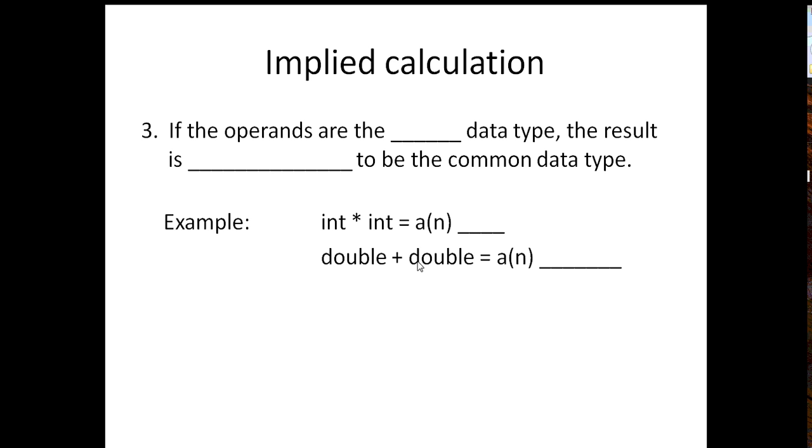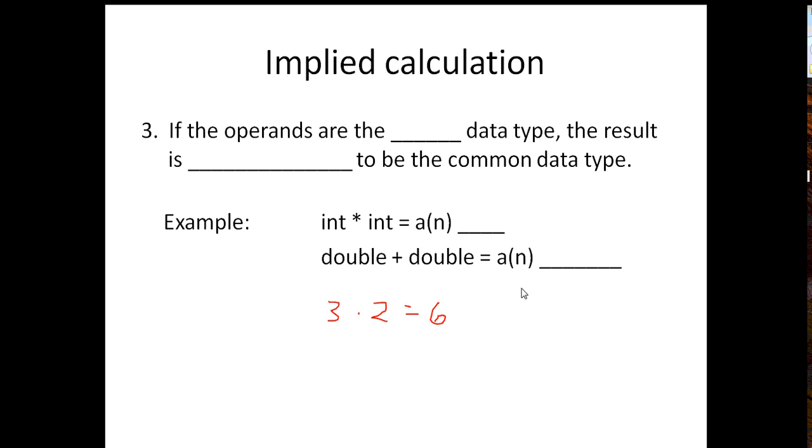And a double plus a double, the result will be a double. That goes for int plus int, modulus, divided by, it doesn't matter what the operation is. If the operands are the same data type, then the result will be the data type that is common to both. An example would be 3, an int, times 2, an int, which results in a 6, which is an int.